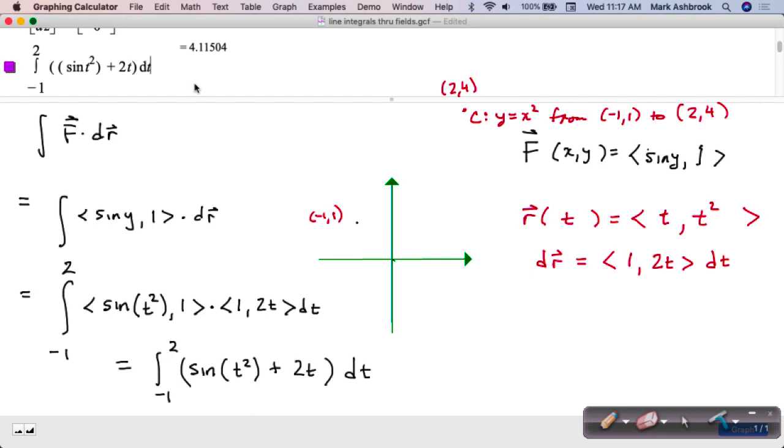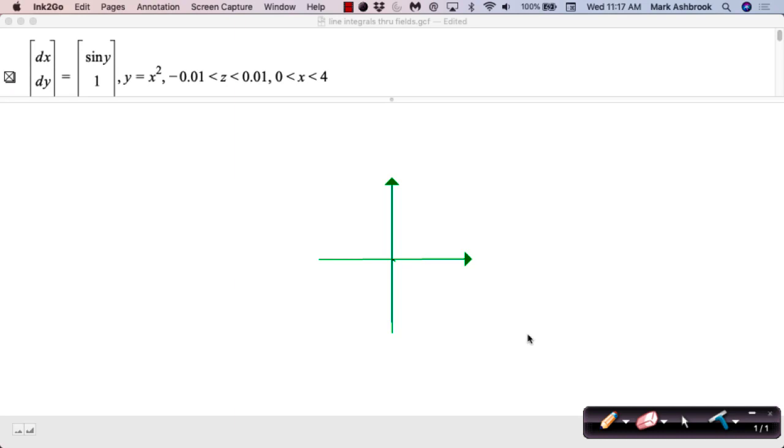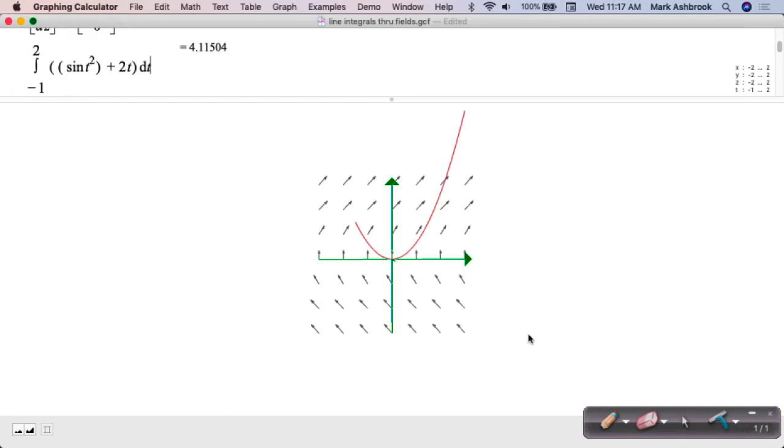Okay, so now let's look at a different one here. Same field. What happened to my pretty graph there? There we go.